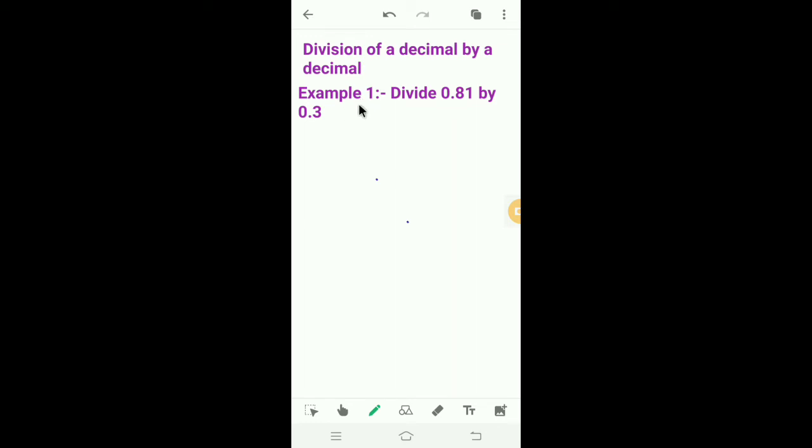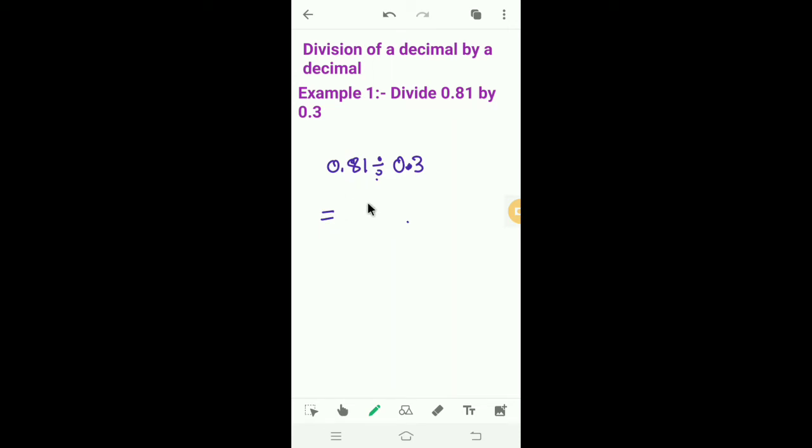To divide a decimal number by a decimal number, first change the divisor into a whole number by multiplying the denominator by 10, 100, 1000, etc. Next, multiply the dividend or numerator also by the same number so that the value of the given number remains the same. For example, divide 0.81 by 0.3.